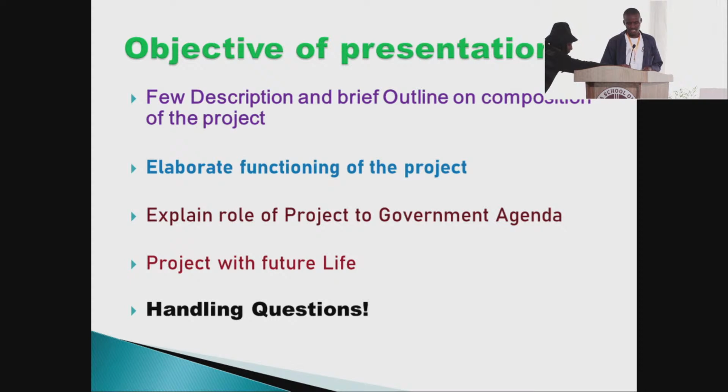I will take you through a brief outline. I will explain the functionality of the project, how it will impact the government, and how it will impact the future of our country and the world.